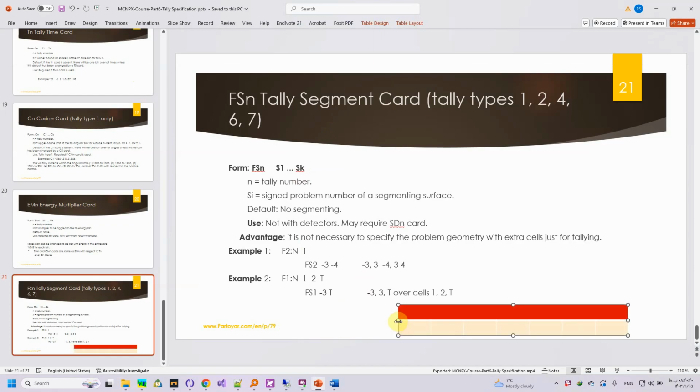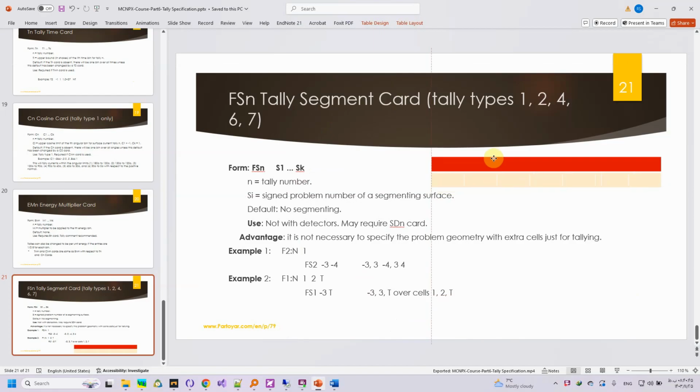Okay? Imagine that it's a geometry. And also consider that we want to find the flux or the current at different depths.